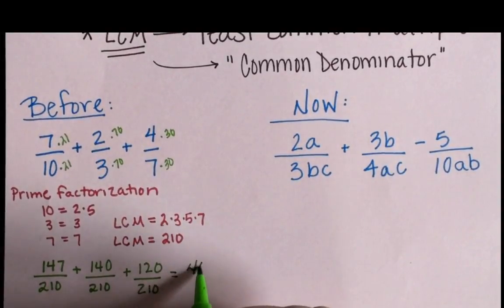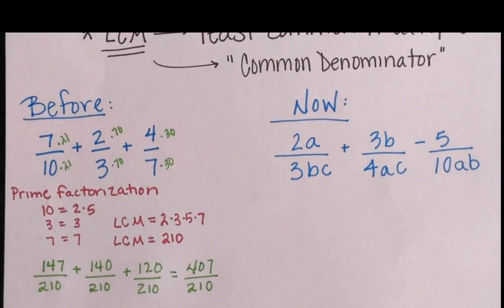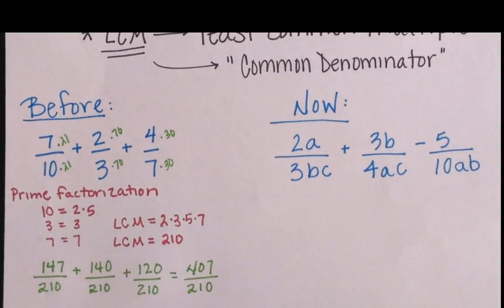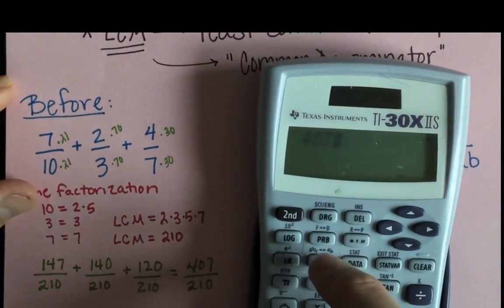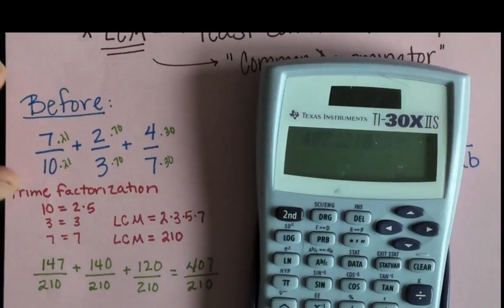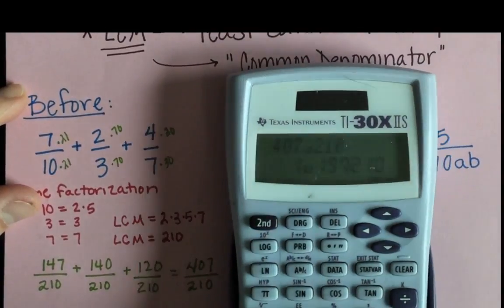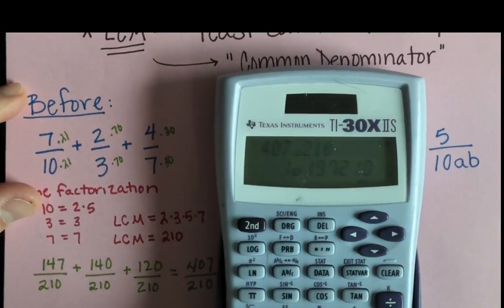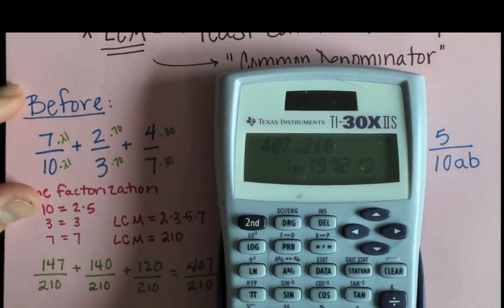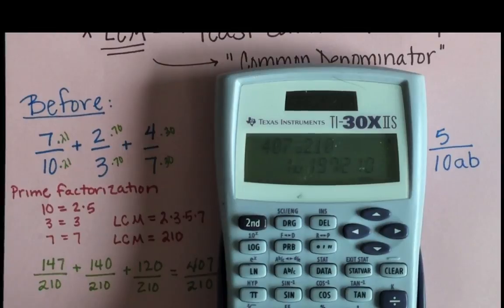And we end up with 407 over 210. And unless you can simplify, you can leave it that way. I am going to probably guess that 407 on top of 210 is going to have a crazy fraction. I just cheated and did it in my calculator, and I end up finding that I'm just going to leave it at 407 over 210.